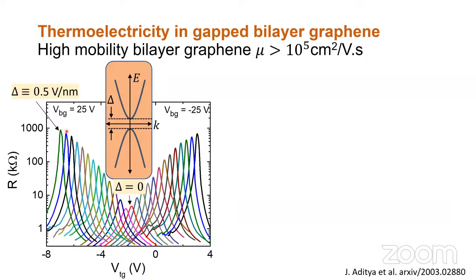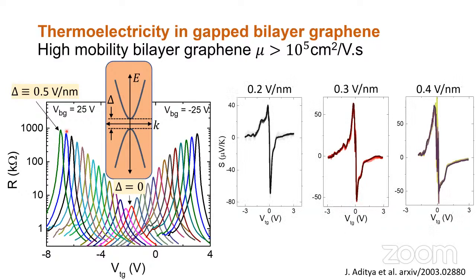What happens if you now do the thermoelectric power experiments? The previous graphs that I showed you were all carried out at zero gap. Now, if I do the same experiment at finite gap between the conduction and the valence band, you can see there are some interesting features that come up which cannot be purely explained by an apparent derivative of R versus gate voltage.